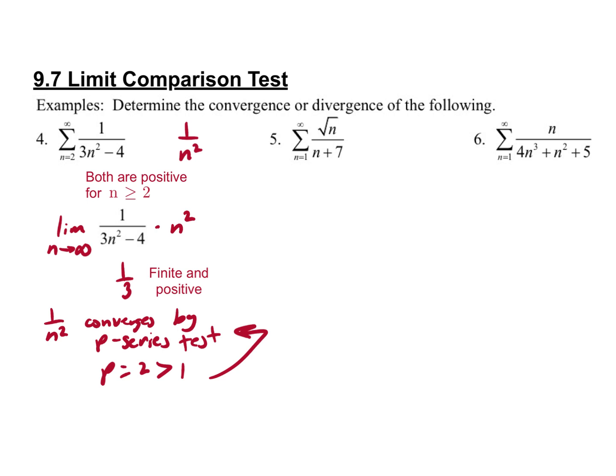Might as well over-explain it. Really back up our claim. So if that converges, and since we got a limit that was finite and positive, what can we say about the original problem? It also converges by the limit comparison test. I'm going to copy this because I want it to be on the next page.